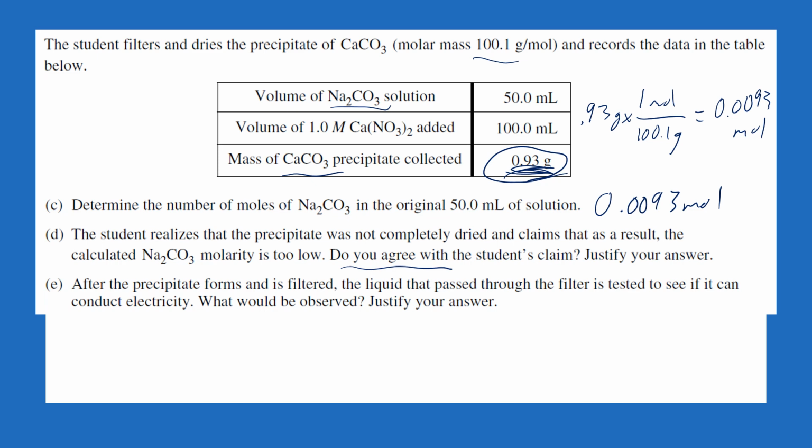As long as there's ions floating in the solution, it will conduct electricity. So it's because of those excess sodium and nitrate ions that are dissolved in the solution that it can conduct electricity. And some excess calcium ions.